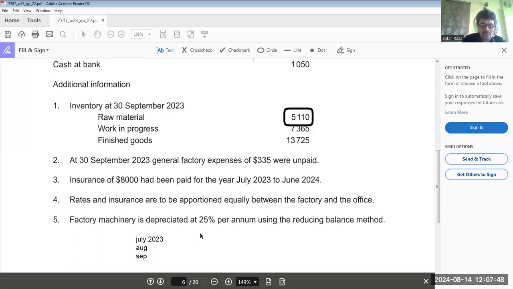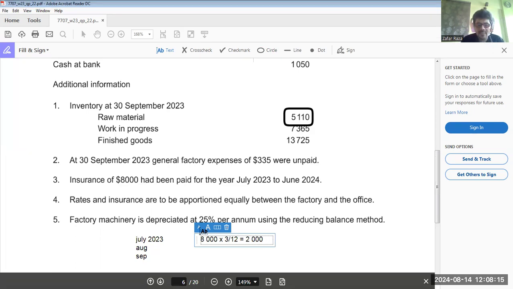So out of the 8,000, what we have to do: 8,000 multiplied by 3 divided by 12, and we get the actual insurance expense. So it means out of that we have consumed only insurance of 2,000.